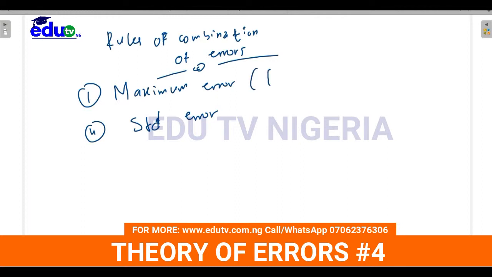You know this symbol is E and this is delta. You have the maximum and the standard errors, and these have different rules of combination.